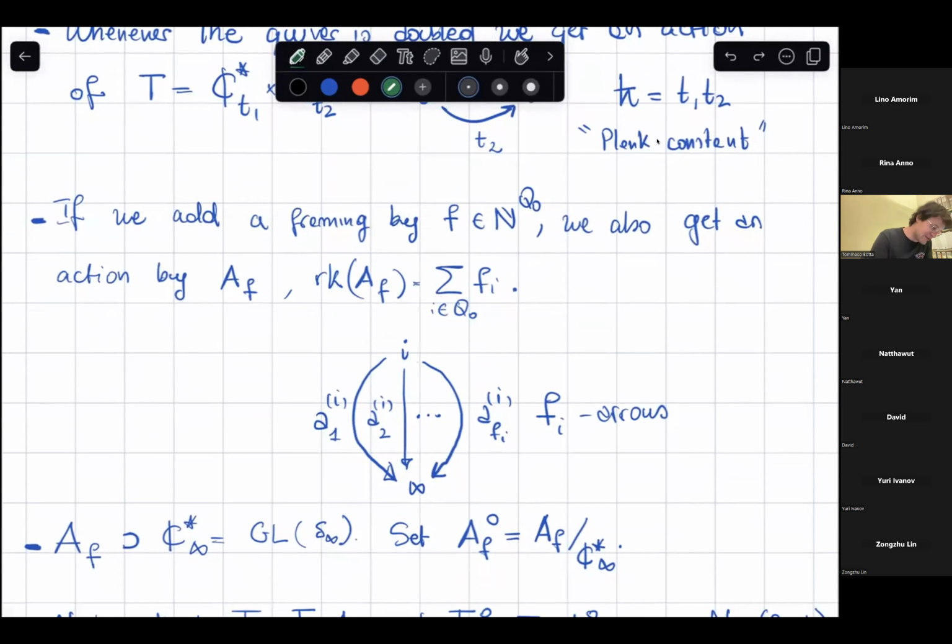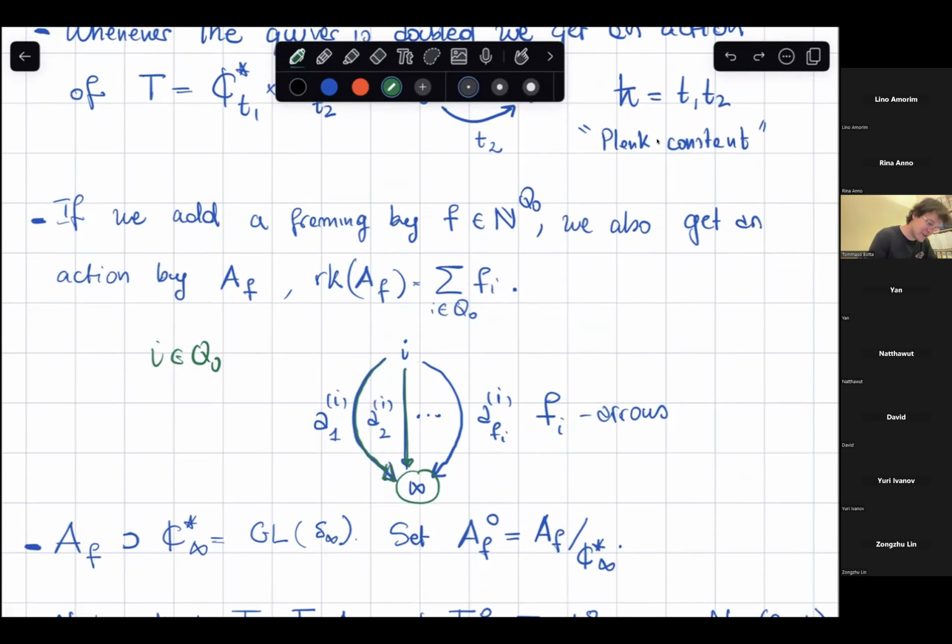You have your original vertex i of the quiver, so i is in Q0, and you have your vertex at infinity here. As prescribed by the framing procedure, you add all these arrows connecting the original quiver to the frame quiver, and you can rescale each arrow by some parameter a_{i,j} in general. So that's the action I consider.